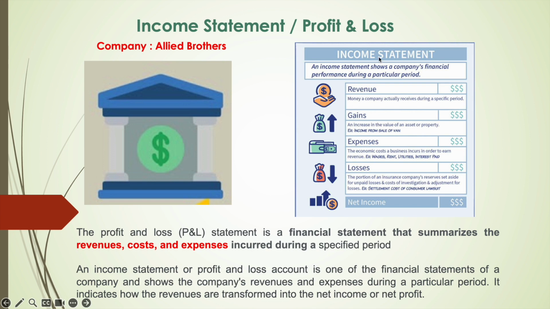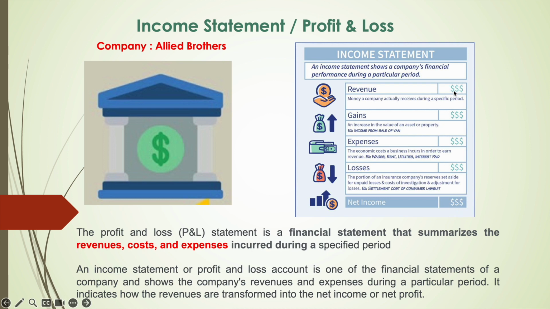The income statement provides a summary of a company's revenues, expenses, gains, and losses during the reporting period and calculates the net income or net loss generated by the company's operations. It helps stakeholders understand how much money a company made or lost from its core business activities.